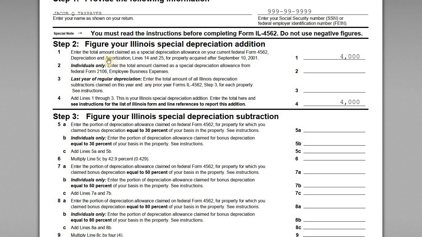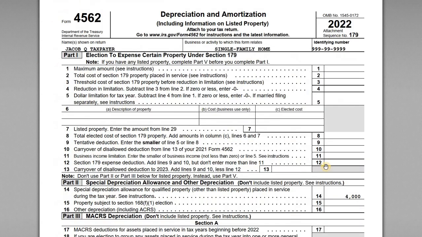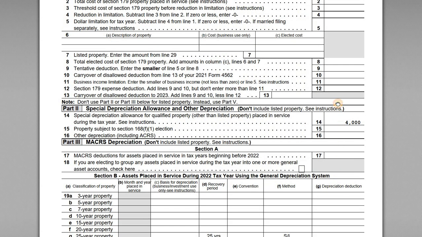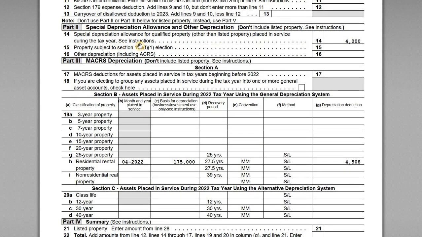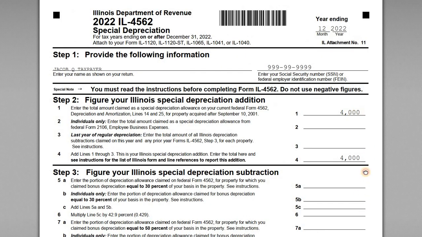So on line 1, it's asking us enter the total amount claimed as special depreciation allowance on our current federal 4562, and this is lines 14 and 25. So if we go back to the 4562 for the current year, we can see the current special depreciation allowance. So that's the bonus depreciation allowed for federal purposes, which was $4,000. So there's our $4,000 figure.